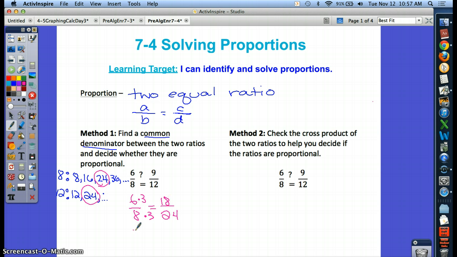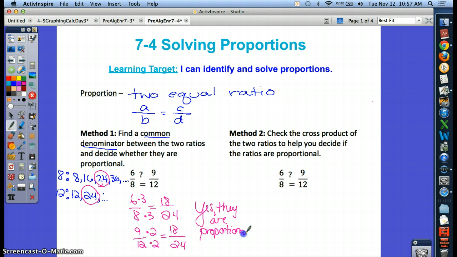For 9/12, if I want to get a denominator of 24, I would multiply the bottom by 2, so I'd multiply the top by 2. 9 times 2 is 18. These are equal, so yes, they are proportional. So write that down. Yes, they are proportional.